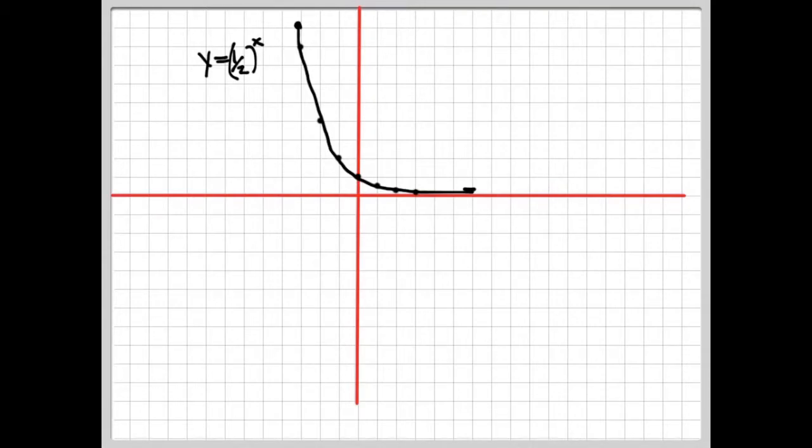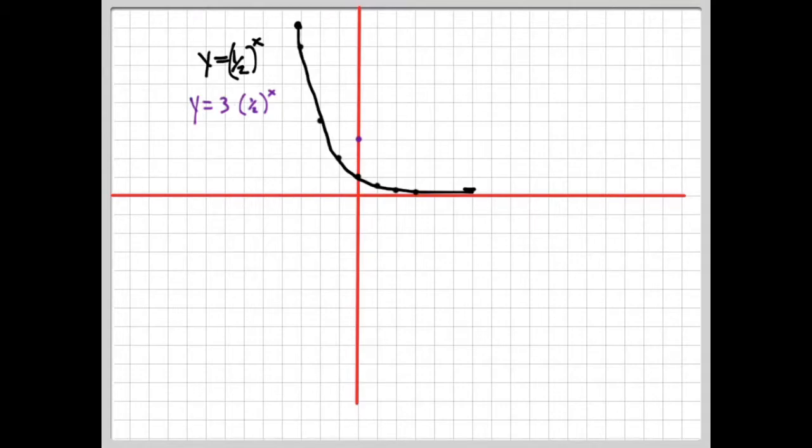Now, we're going to apply some stretches and shrinks to this, just like we did to our growth functions. So the next one we want to graph is y equals 3 times 1/2 to the x. You notice that now our a is 3. So when x is 0, 1/2 to the 0 power is 1, and 1 times 3 is 3, which causes this graph to start at y equals 3.